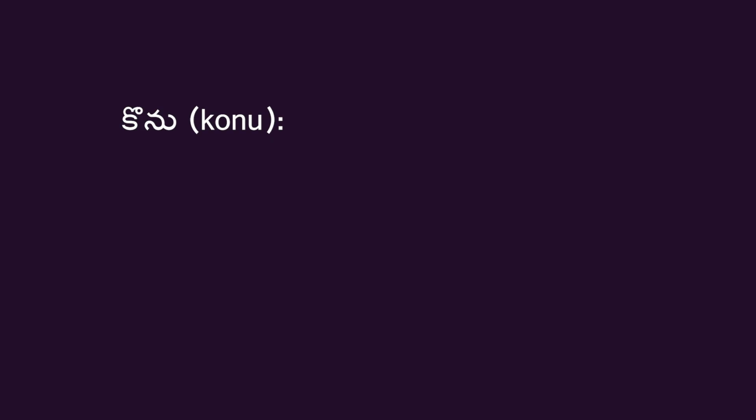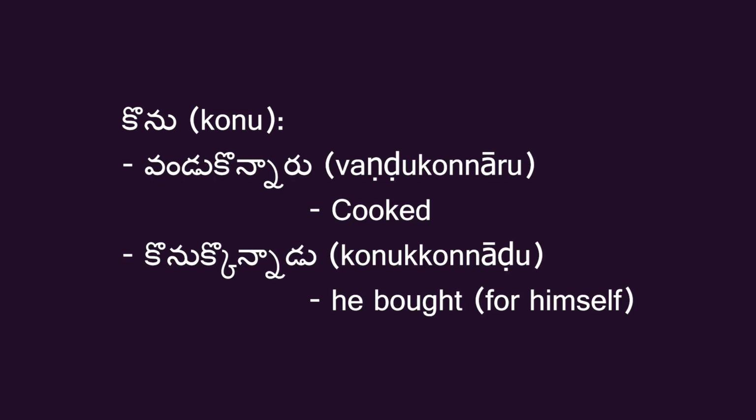Reflexive benefactive constructions. One of the most valuable pedagogical sections in your dialogue is the set of reflexive or benefactive forms based on konu. Examples: వండుకొన్నారు, cooked. కొనుక్కొన్నాడు, he bought for himself.